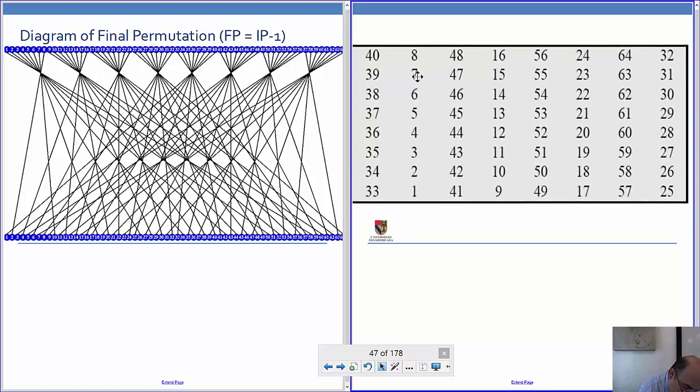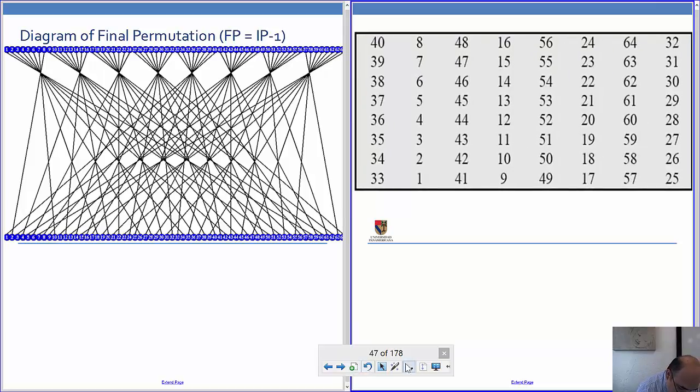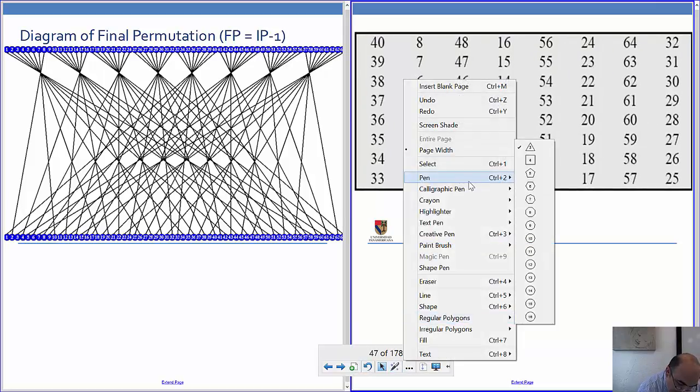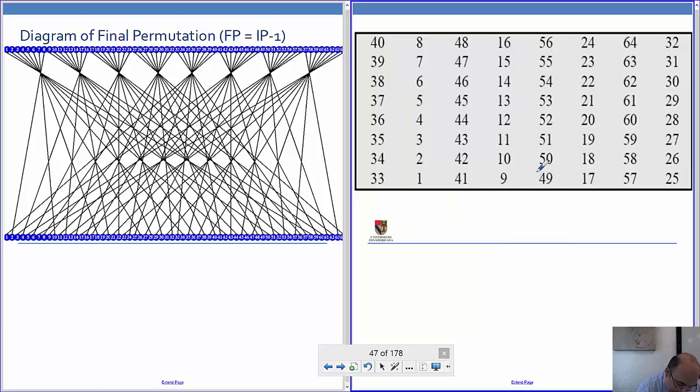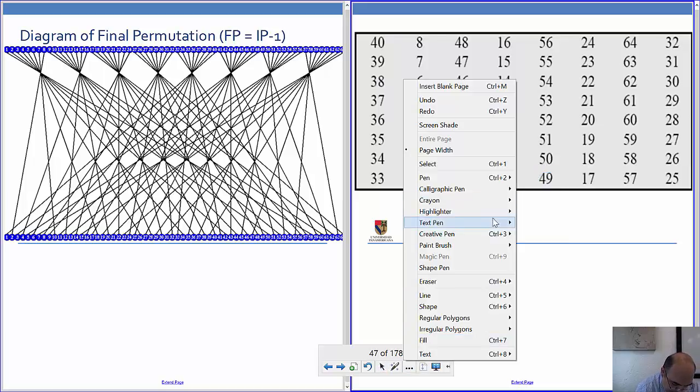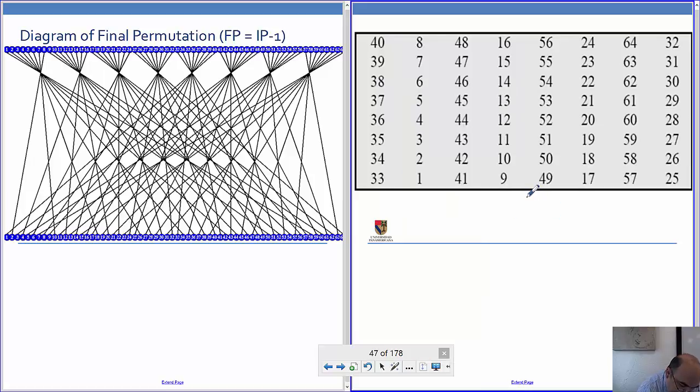This. Oh, I don't like that color. Let's use this color. This bit is in the 18th position, right? And what's bit 6? Do you see that's the reverse thing? So every bit is reversed, okay? This is a really easy permutation.